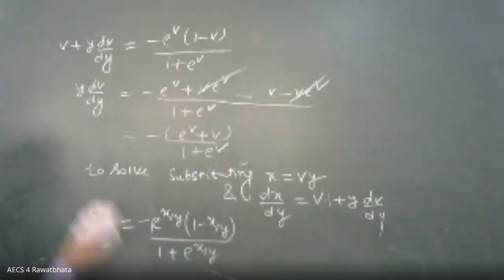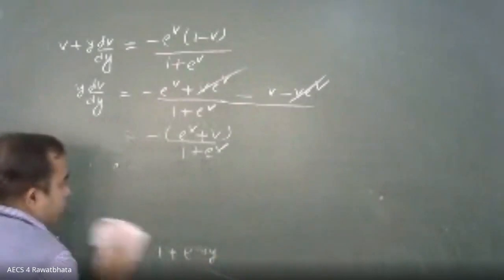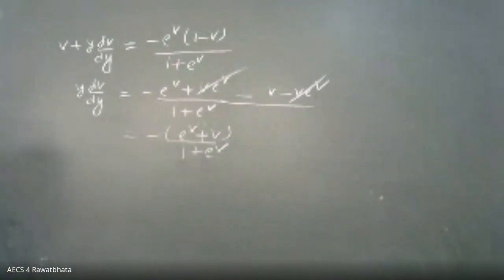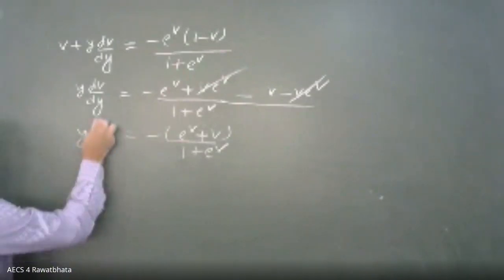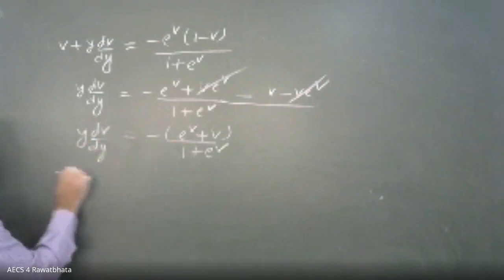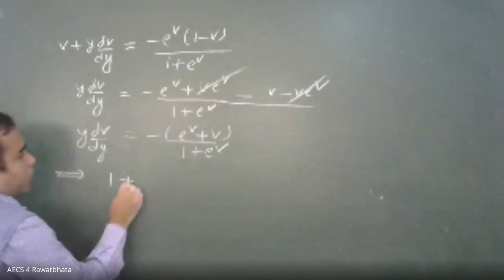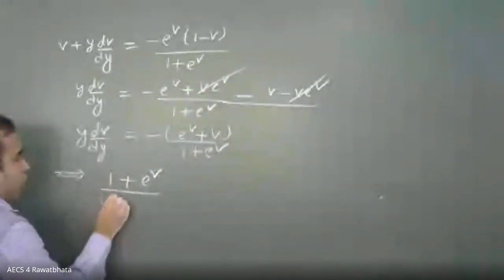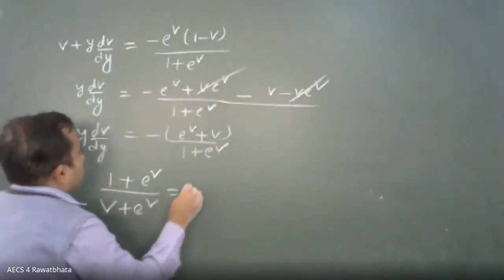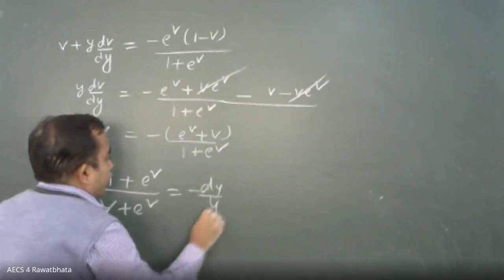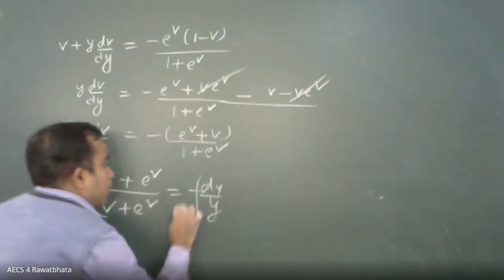Now let us separate the variables. So this will become 1 plus e to power v upon v plus e to power v equal to minus dy upon y. Now it is easily integrable.